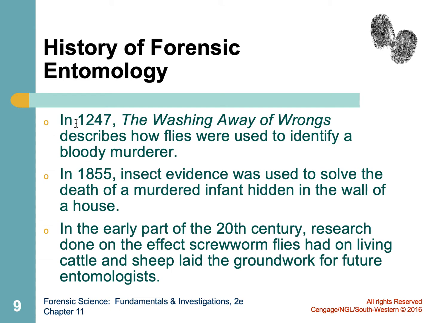Not only do insects go through stages of metamorphosis, but at different points in time certain insects are attracted to a body based on decomposition and things like that. So he understands that there's a process, and he creates a PMI. He links it back to the owner. The house had gone through about 4 different owners at the time, so creating that PMI, linking it to the owner, and then eventually arresting the owner for the murder of the infant.